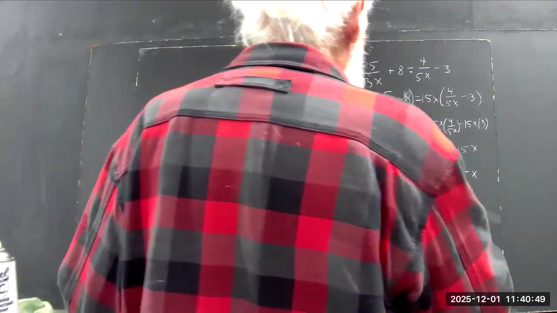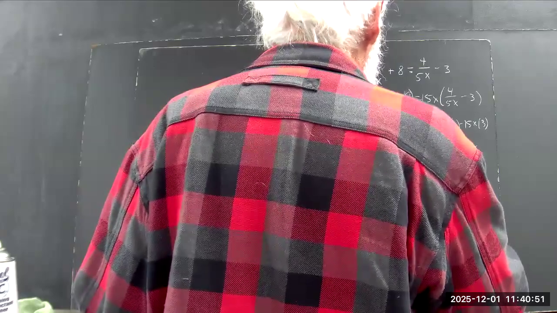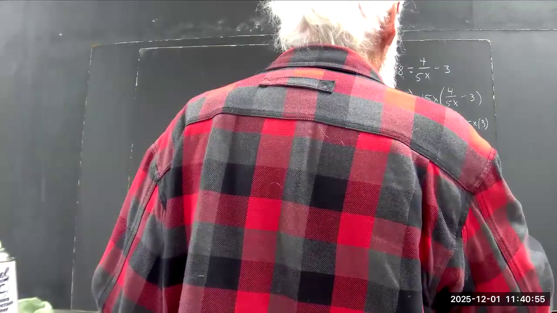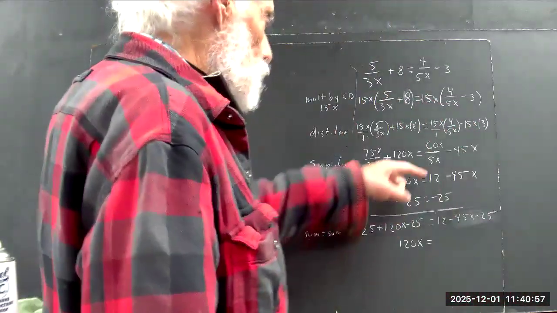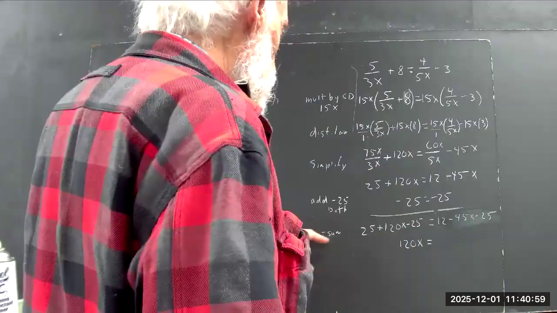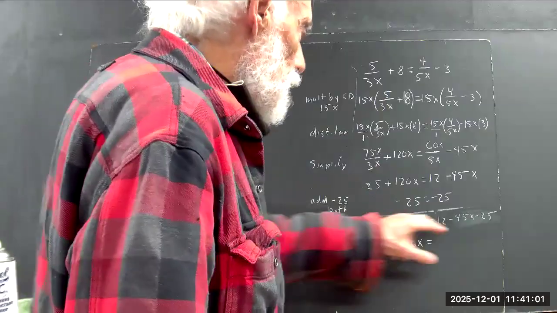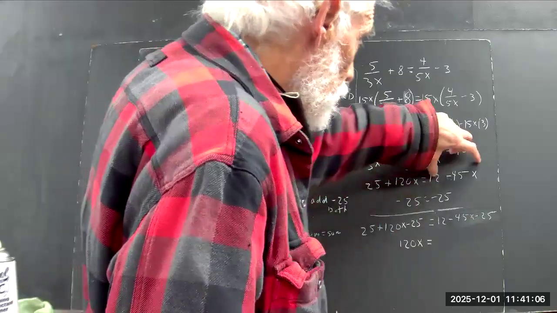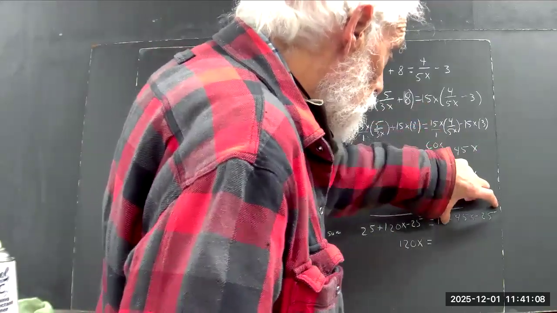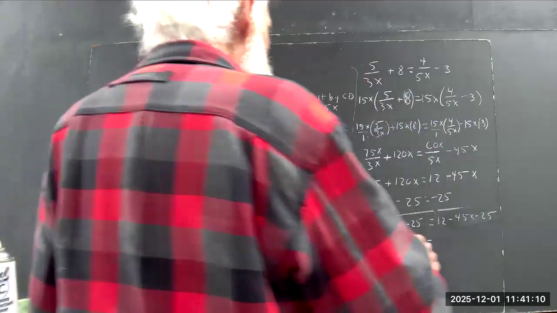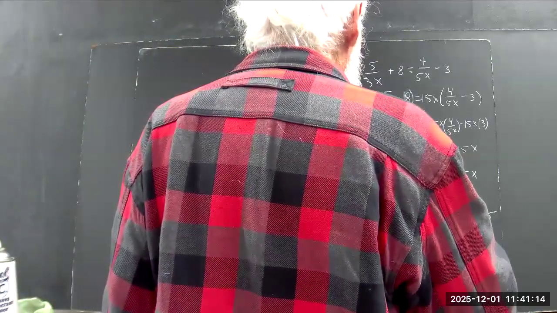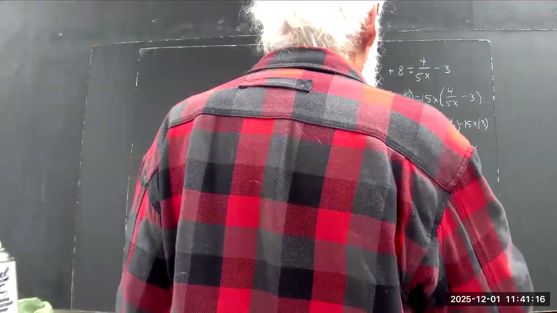Remember, I want to write down this side. I don't want to add the 12 and the negative 25 here. I want to write out this side minus 25 here, and this side minus 25 here. Then when I do that, I get 120x equals negative 13 minus 45x.